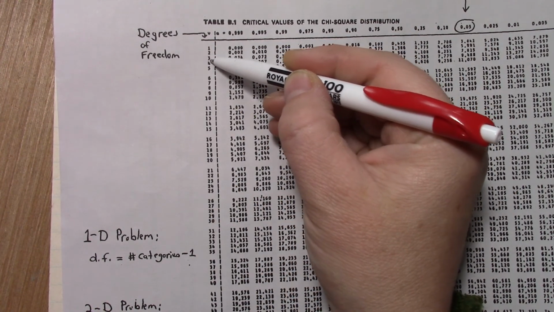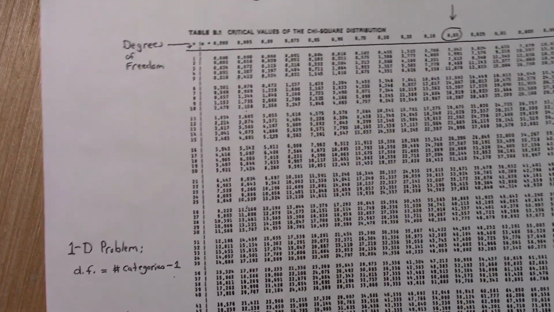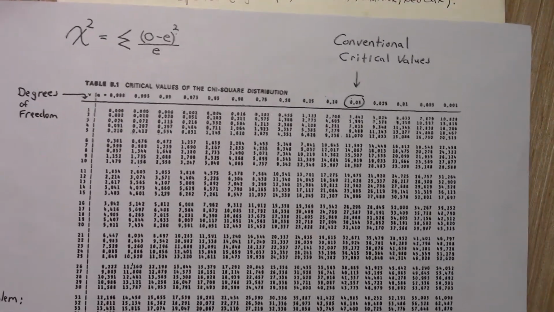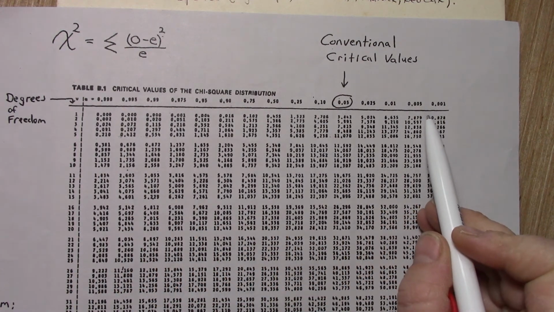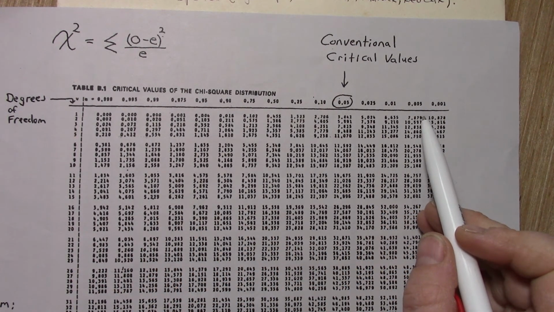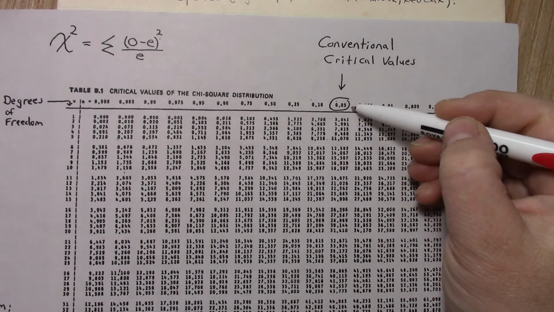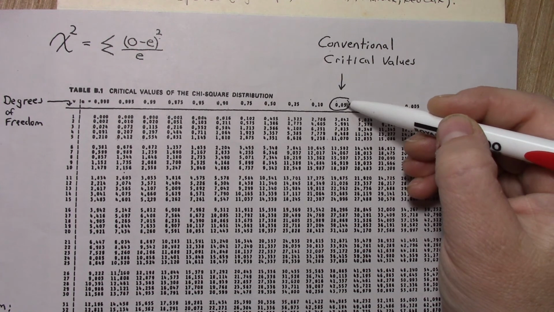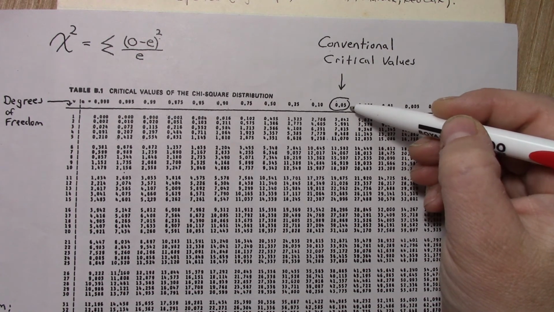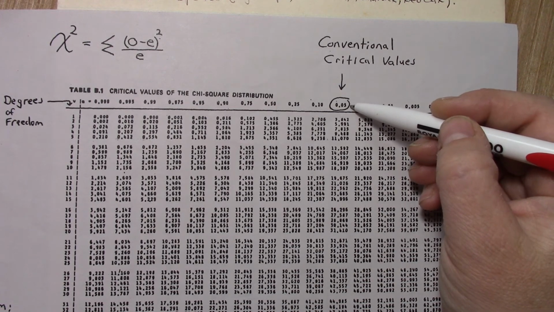And I'm going to use a piece of bright colored paper in a second. The other thing we need to know is what column here to use. This is called alpha, and we always use 0.05. It is a very rare situation that you don't use 0.05. This is the accepted amount of error that scientists work with, 5%.